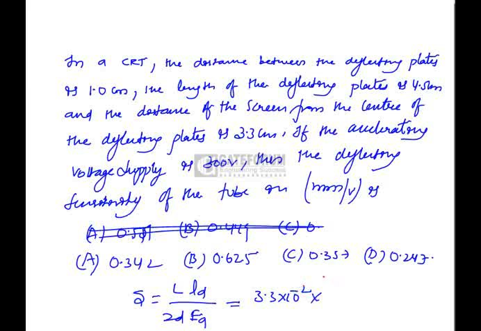The length of the deflecting plates is 4.5 into 10 power minus 2, divided by 2 into 10 power minus 2 into Ea, where Ea is 300 volts. Which is equal to 0.2475 mm per volt. Option is D.